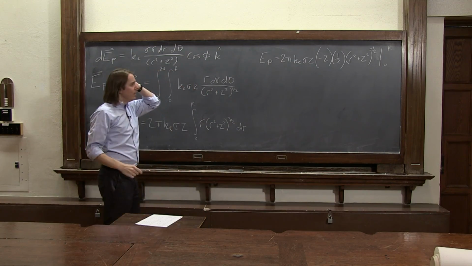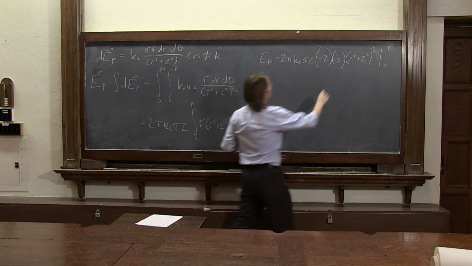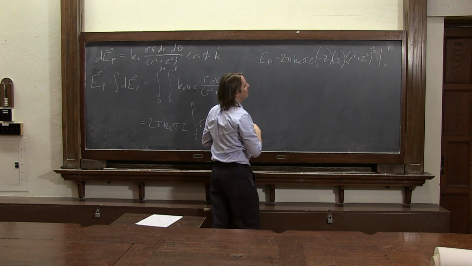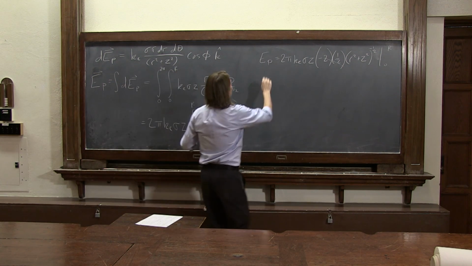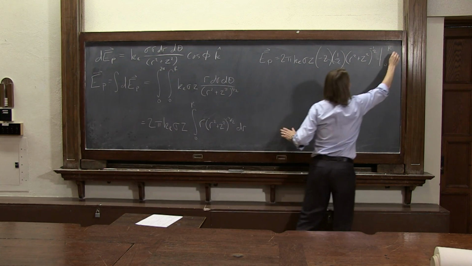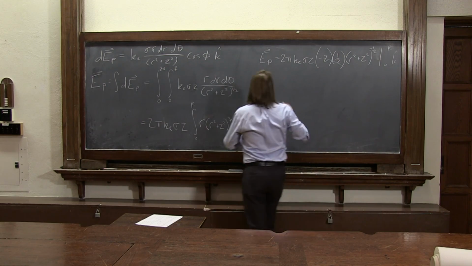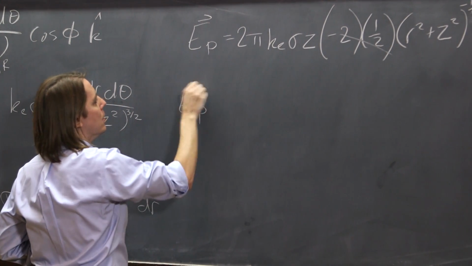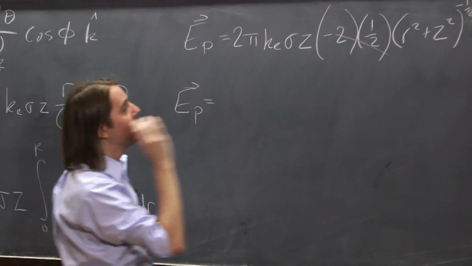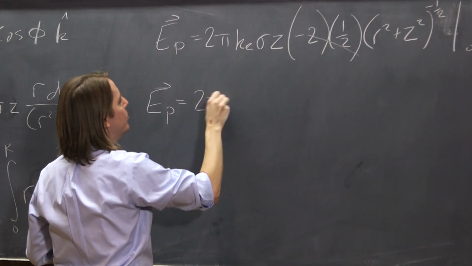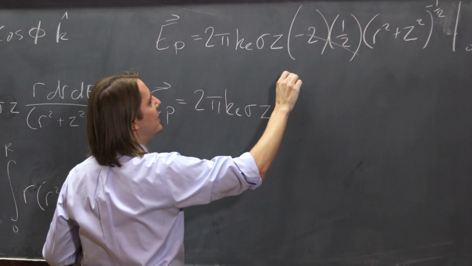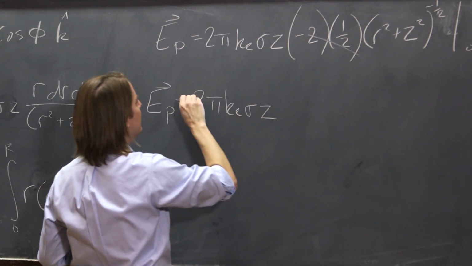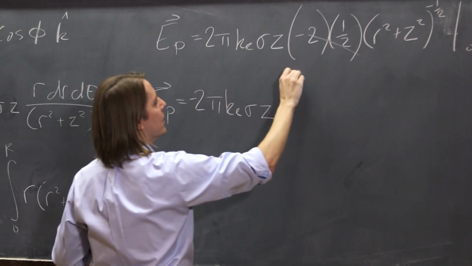Okay? So we can simplify a little bit. Those 2's go away. It leaves a negative sign sitting there, which is along for the ride. And of course it's in the k direction. So EP equals, let's keep our constants as many as we can out, 2 pi Ke sigma z. And those 2's went away. We pull the negative out like that.